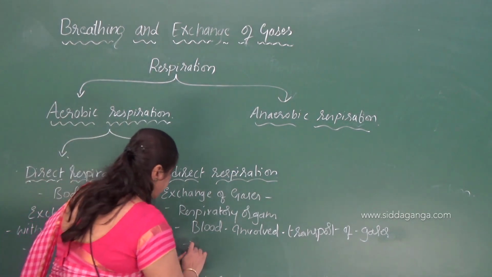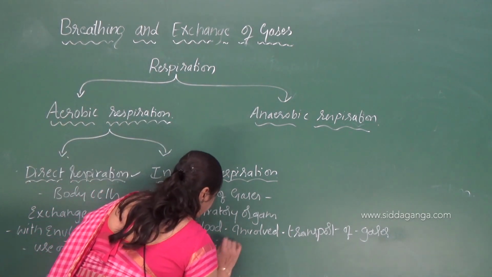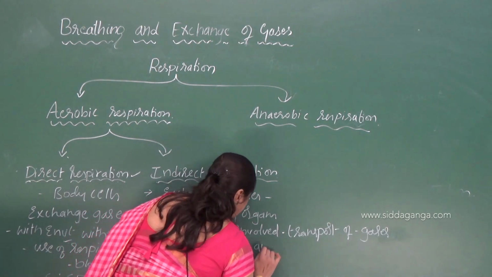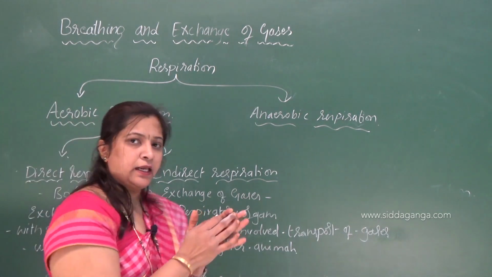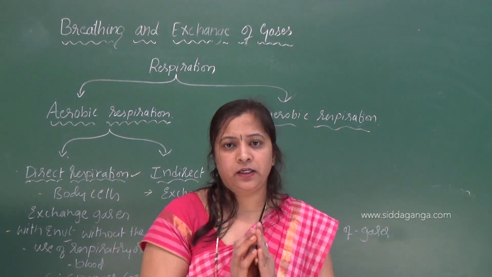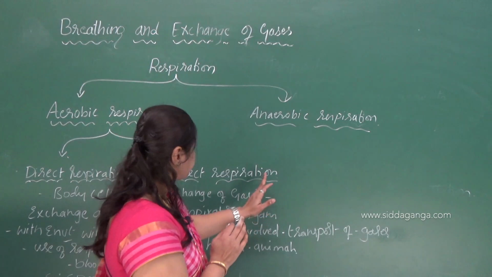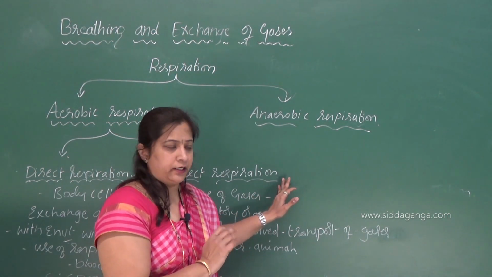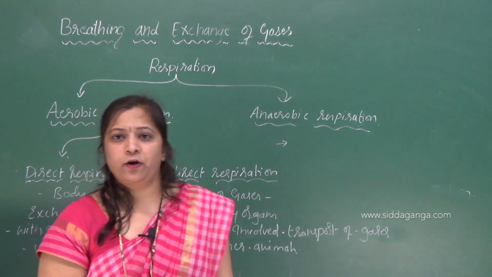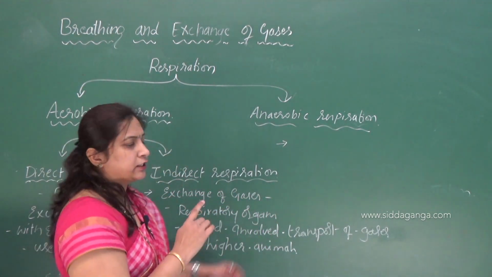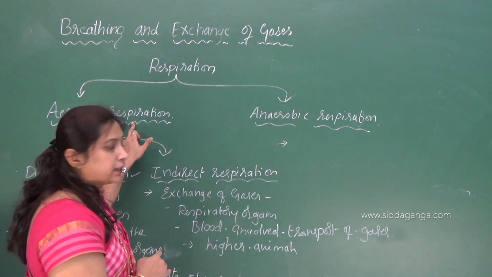Indirect respiration we see in the case of higher animals. In human beings there is indirect respiration. In human beings, is the type of respiration aerobic or anaerobic? It is aerobic respiration.